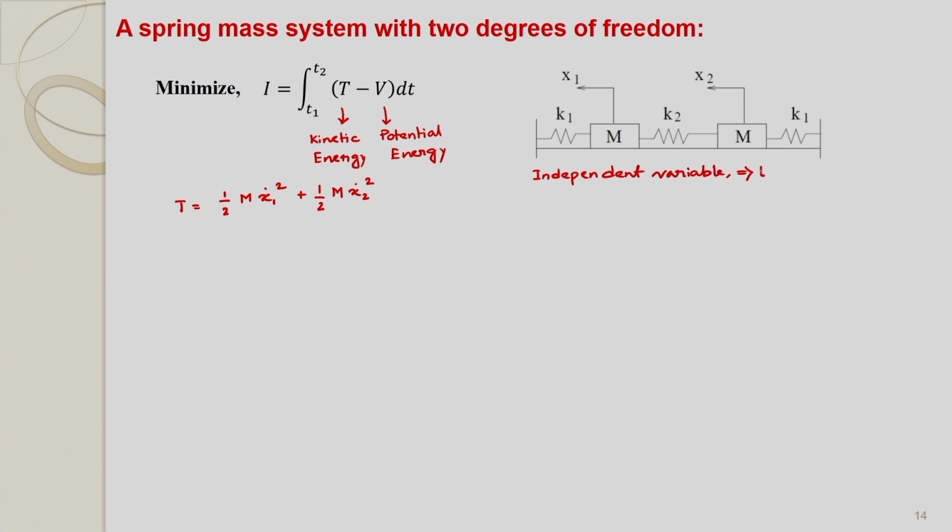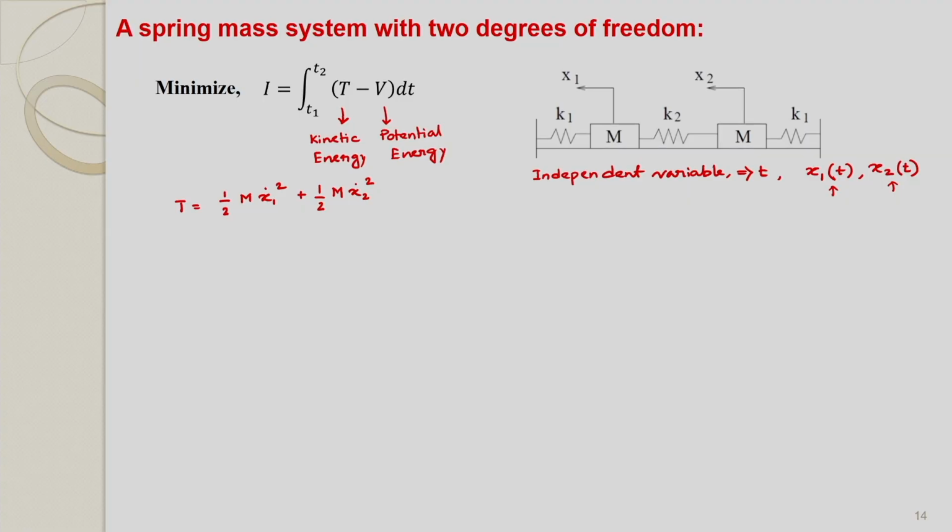It is time, and there are two dependent variable x1 and x2. They both are function of independent variable time. We want to find governing differential equation of x1 and x2. So, this is our total kinetic energy.